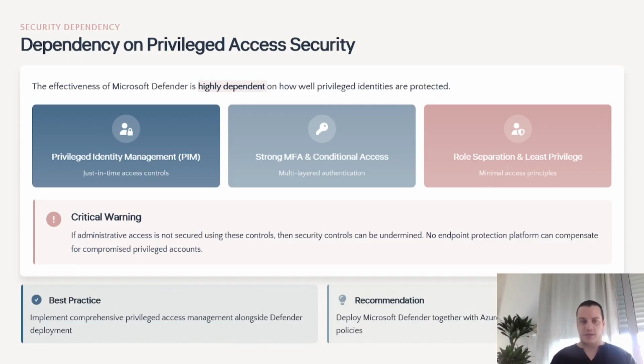Best practices: implement comprehensive privileged access management alongside Defender deployment. So we cannot just rely on Defender for Endpoint and say, yes, we are protected. Recommendation: deploy Microsoft Defender together with Azure AD Privileged Identity Management and Conditional Access policy.